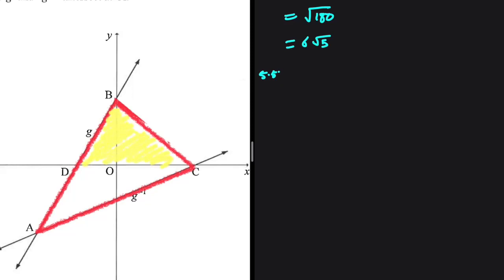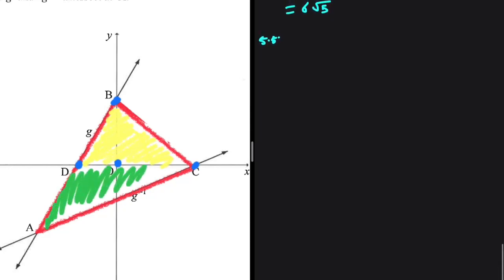How can we possibly do that? We have the base DC and we have the height OB. We have the length of DC and we have the length of OB. And we can also find the area of triangle DAC, this area right here. We have the base DC again, but now we have this height of which we know the length, right?